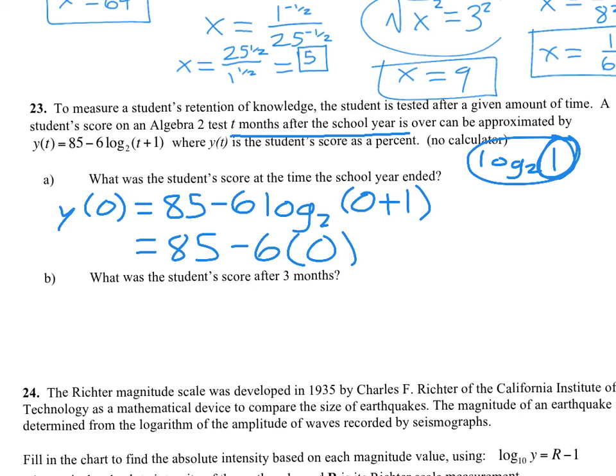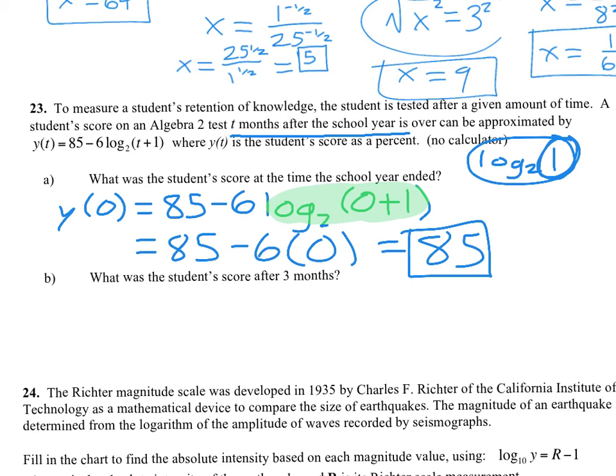This whole thing here equals 0. The exponent that turns 2 into 1 is 0. So 85 minus 0 is just 85. So they would score an 85 on the test right when the school year ended.